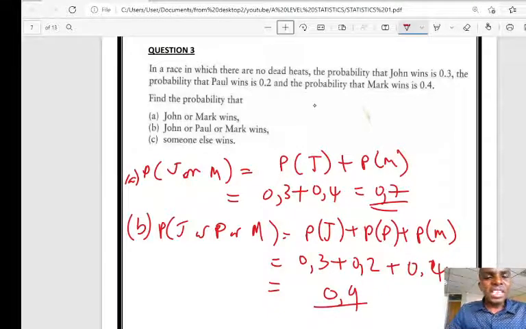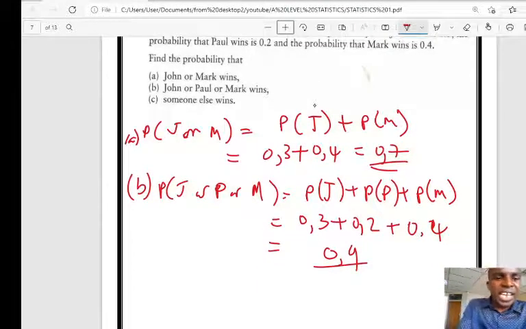Then part C, someone else wins. It means it's not Paul or not John or not Mark. So which means you can just say someone else wins.